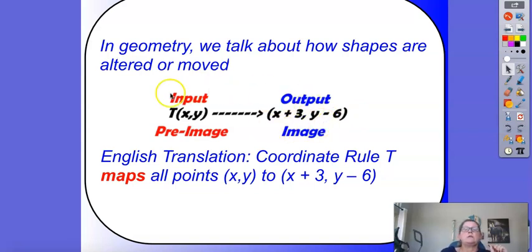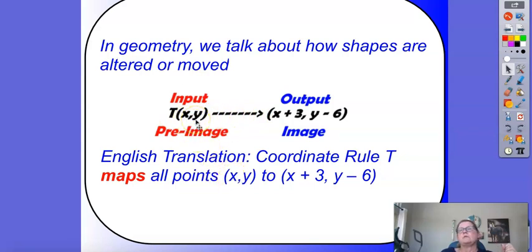Okay, if you were going to see this, how you would translate that in English is you could say the coordinate rule T. It gets it from this capital T here. Remember, functions usually have names too, like f, g, h. Well, in geometry, this is the coordinate rule T, and it maps, it gets that from this big arrow here, it maps all of the points, x and y.